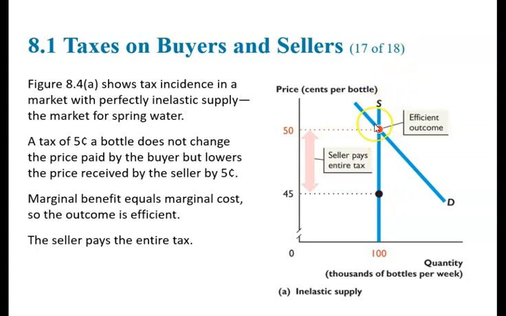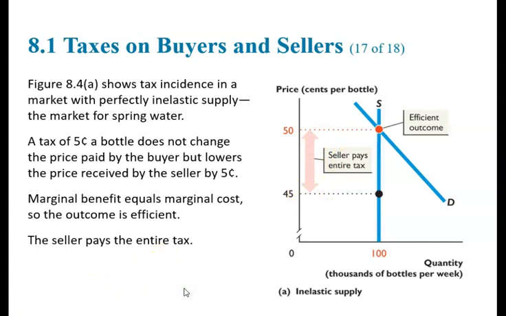But since this is already a vertical, perfectly inelastic supply curve, you can think of it as the supply curve moving on top of itself. That is the way I would describe it. When that happens, the total burden of the tax is on the seller.